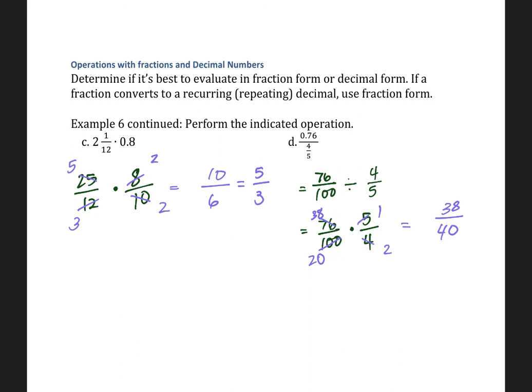So that 76 was actually divisible by 4, but I didn't catch it right away, which is fine. I knew it was divisible by 2, so I'll just break it down one more time. 38 divided by 2 is 19. 40 divided by 2 is 20. So we have 19 over 20.